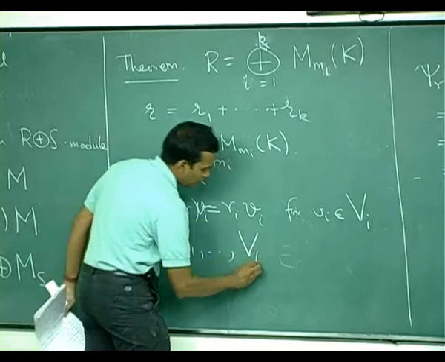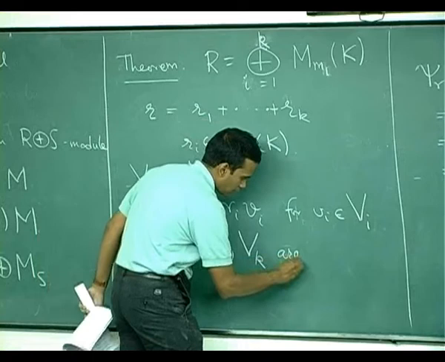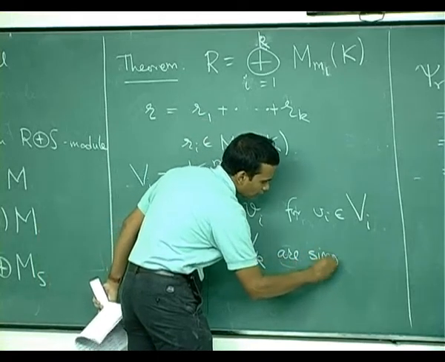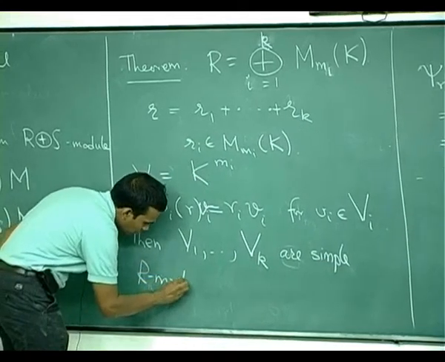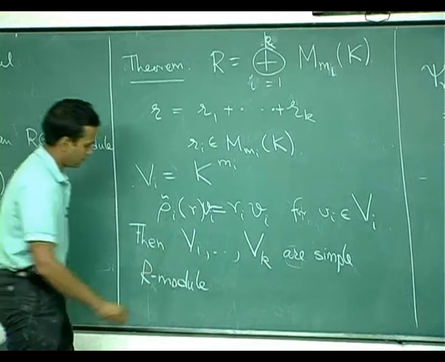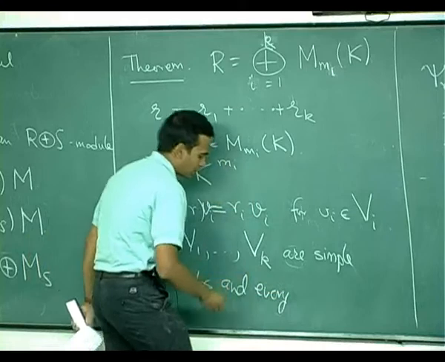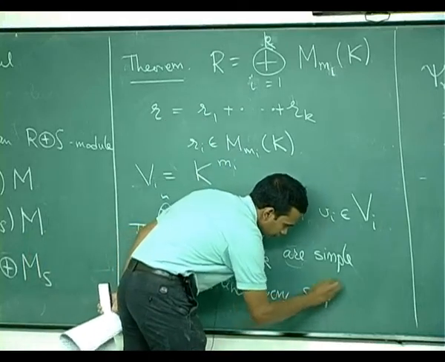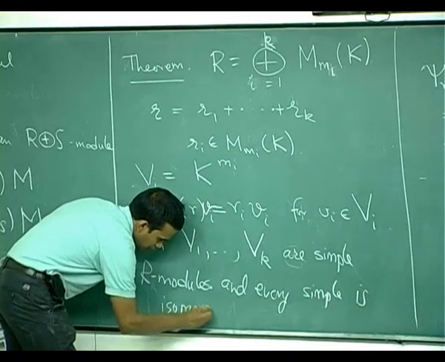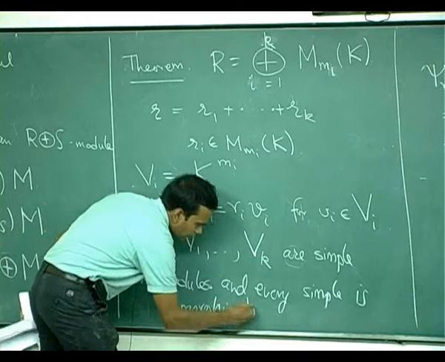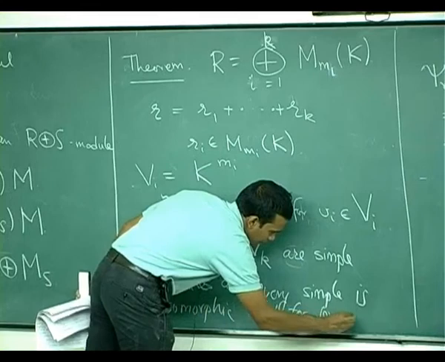V_1 up to V_k are simple R modules, and every simple R module is isomorphic to V_i for some i.